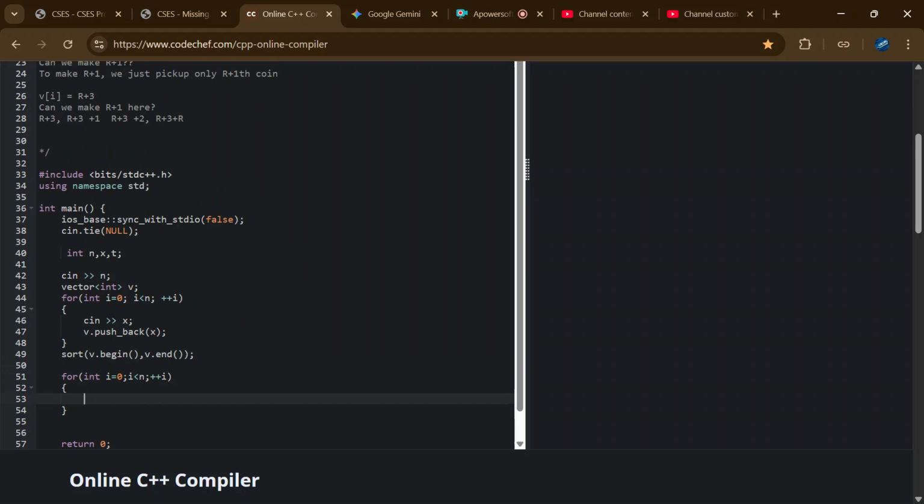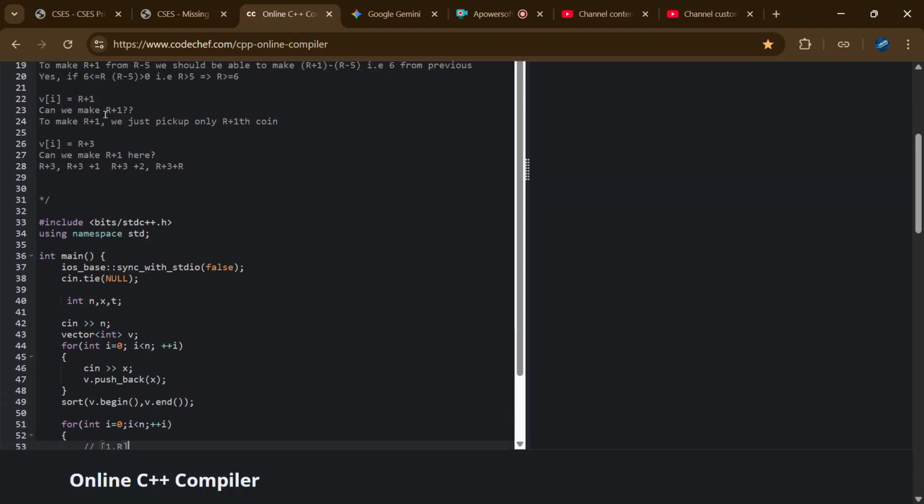We have v of I, and we can make from 1 to r. So v of I must be less than or equal to r plus 1.